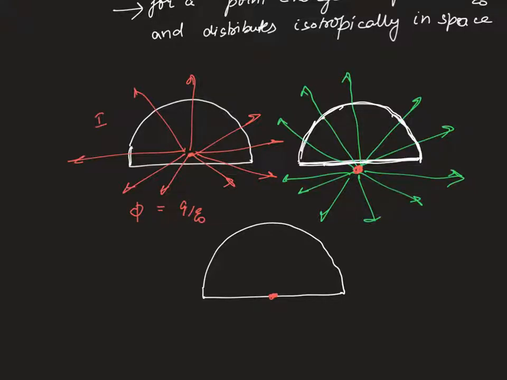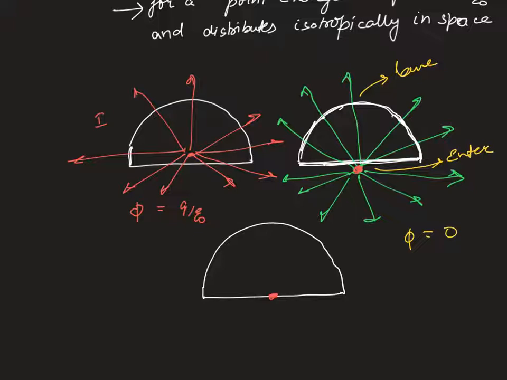They enter at this point, and at these points they leave. And if the number of field lines entering the hemisphere is equal to the number of lines leaving the hemisphere, we say that the flux is 0.